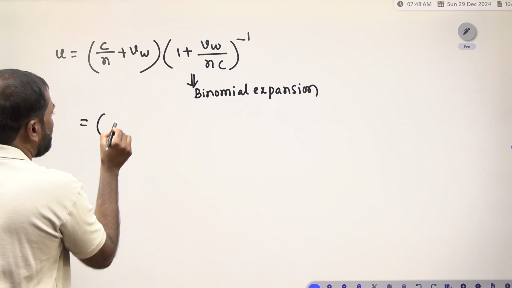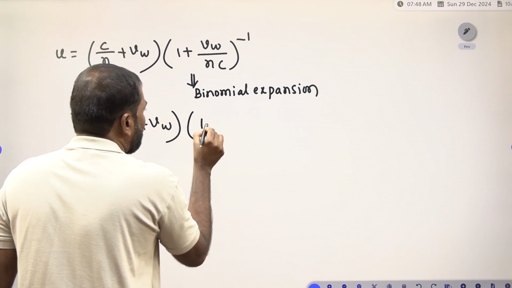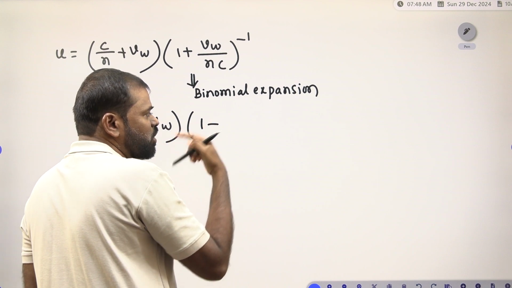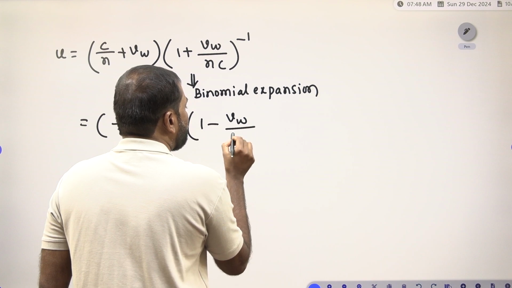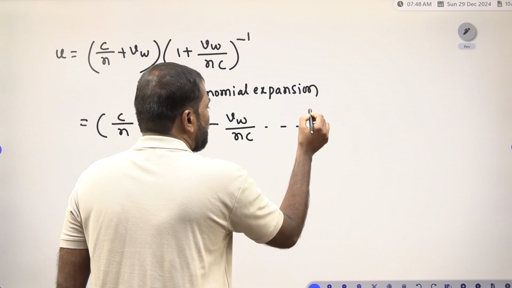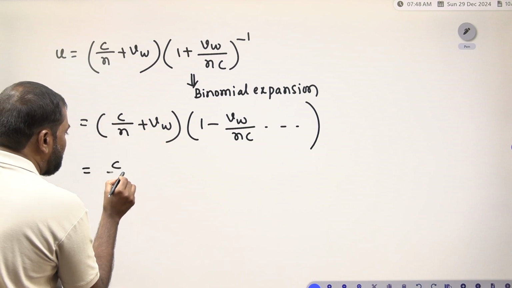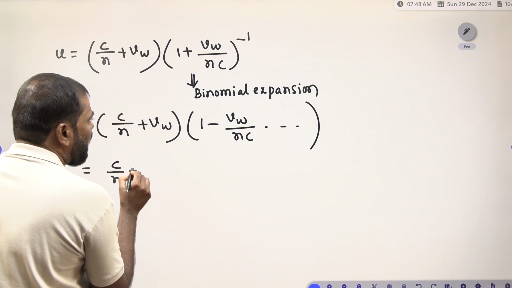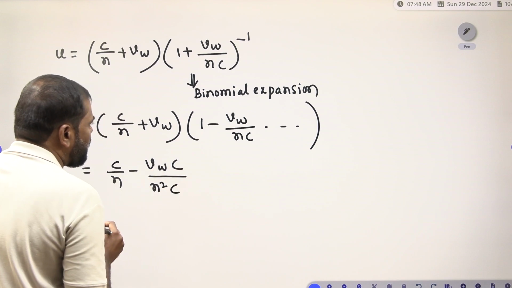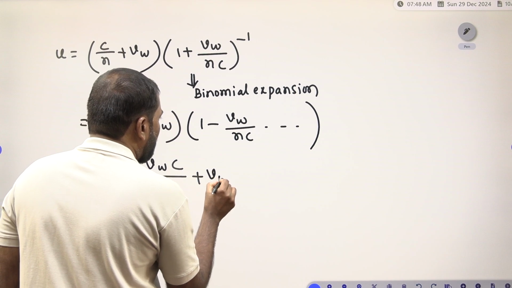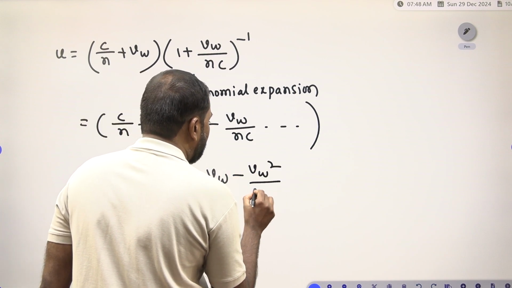So c by n plus vw into 1 minus, up to the 2 terms only you have to take, higher order terms we are neglecting. So vw divided by nc, the rest of the terms we are neglecting. Clear? So multiply c by n, plus minus vw into c by n square into c, so plus vw, minus vw square divided by nc.